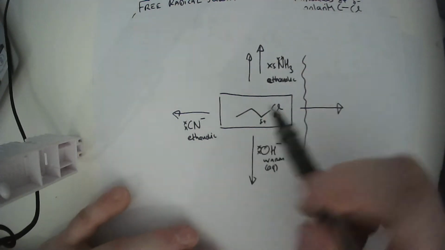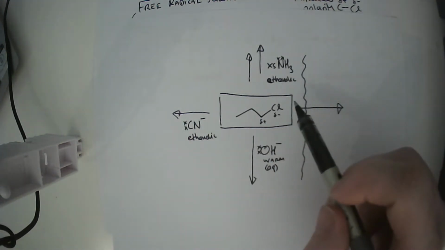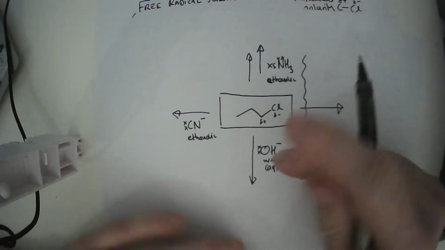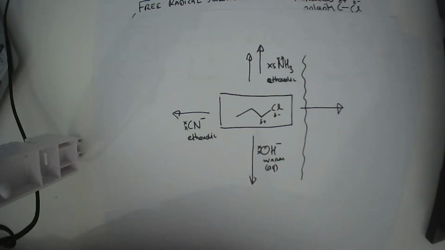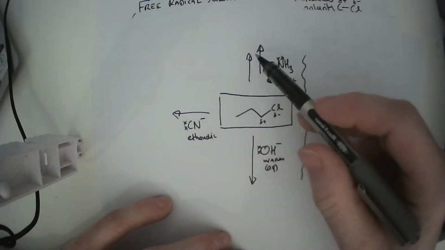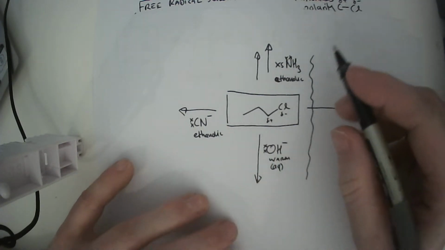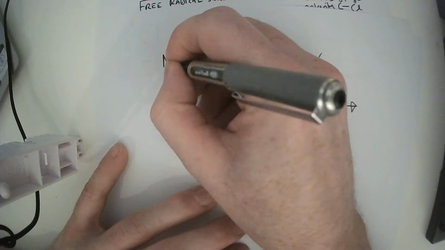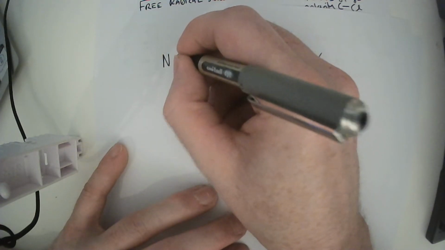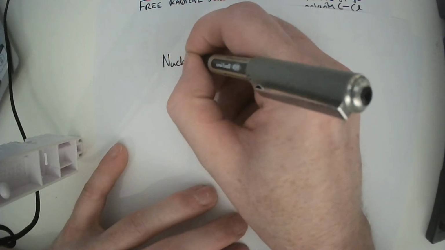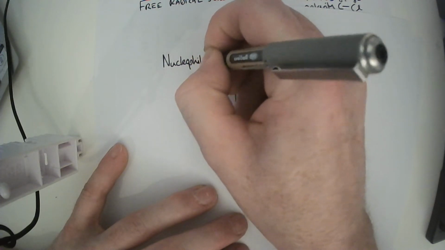The reason we do things in ethanol, again I haven't got time to go into everything, but we don't want to introduce water here as well because that can confuse matters. So do you recognise what these 3 things are? They've all got a lone pair. They can all act as lone pair donors. That's right, they are nucleophiles. So all of these 3 are nucleophiles. That's lone pair donor.